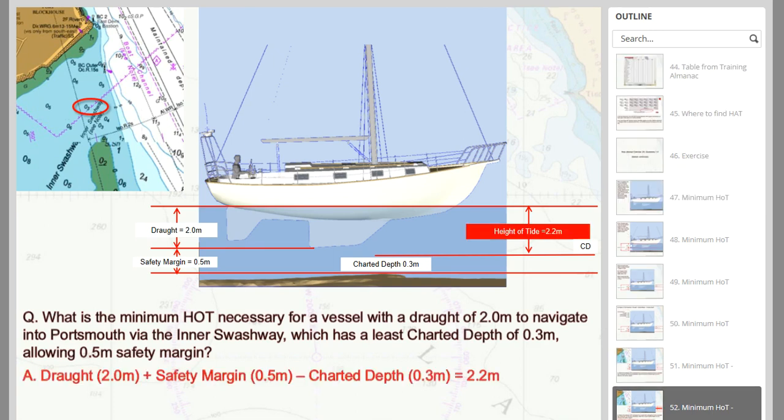The answer is 2.2 meters, calculated as follows. Draft 2 meters plus safety margin 0.5 meters minus charted depth 0.3 meters equals 2.2 meters.